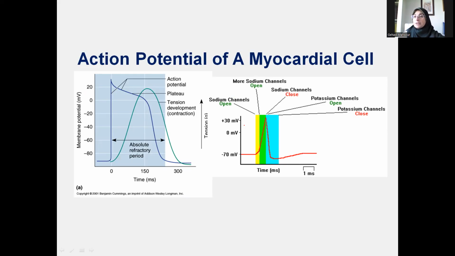The depolarization is due to opening of the sodium channels and inflow of sodium. The repolarization is due to opening of the potassium channels and outflow of potassium.